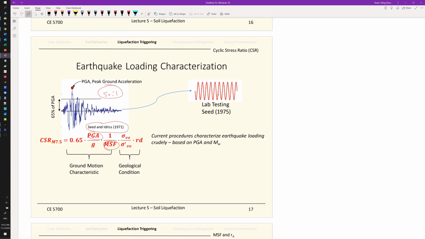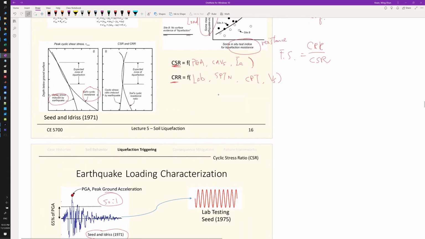We will talk about this in the next slide. Then multiply by the total stress divided by the vertical effective stress, and also by a depth reduction factor. We will talk about this along with the MSF in the next slide. So pretty much this is a framework to take the acceleration time history that you design for and convert it into cyclic stress ratios. Then you can do your site-specific liquefaction evaluations.